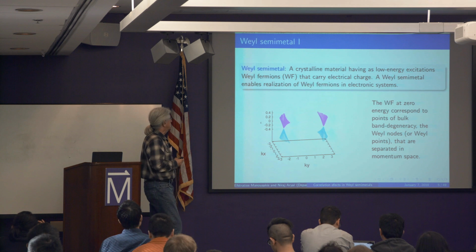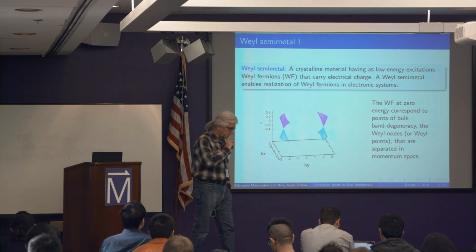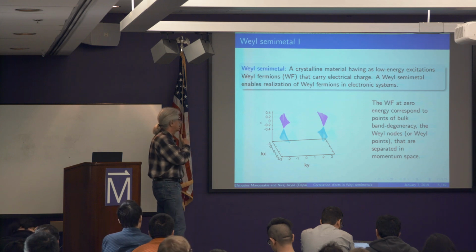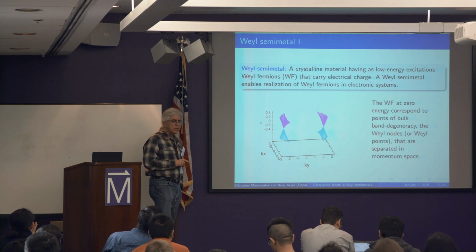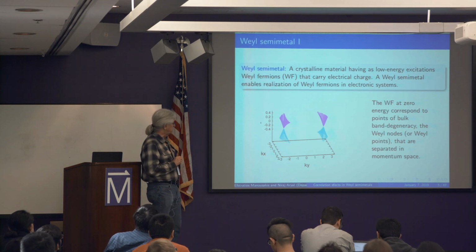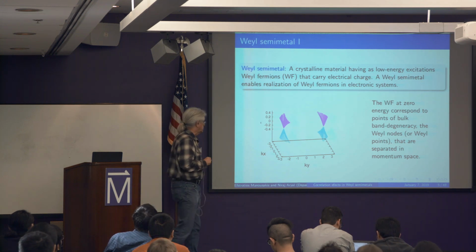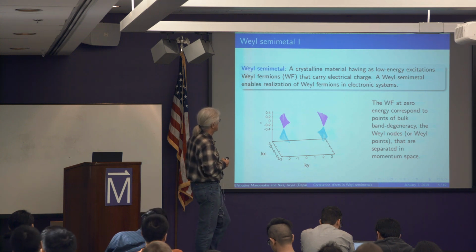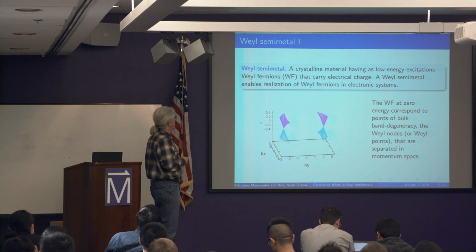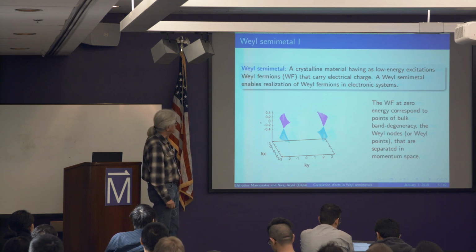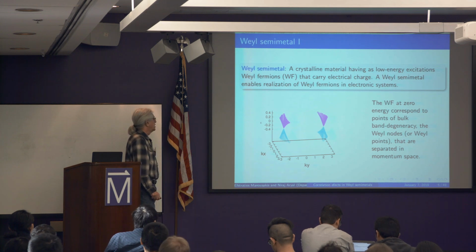Now on the lattice, when you do a real material, this leads to a semimetal, and a Weyl semimetal is a crystalline material which has states near the Fermi level that are Weyl fermions, and those carry definite chirality, and so we'll see that this has definite manifestations and different consequences in experimental physics.